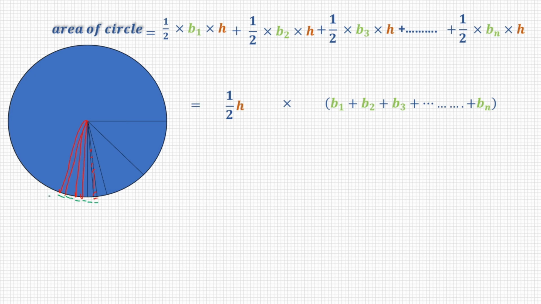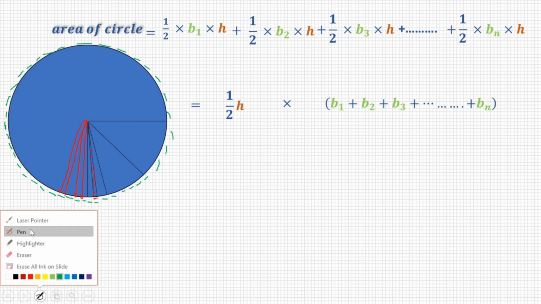If I add all the B's till n and sum them up, what is it becoming? Just think. This is actually called the circumference of the circle. The sum of all the bases of the triangles is the circumference of the circle.